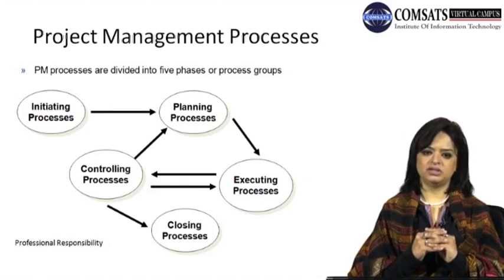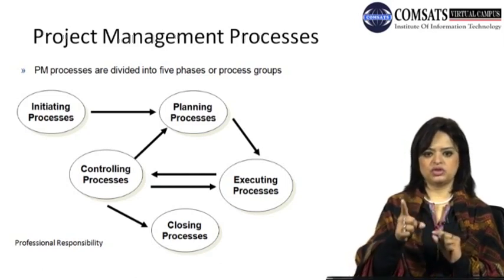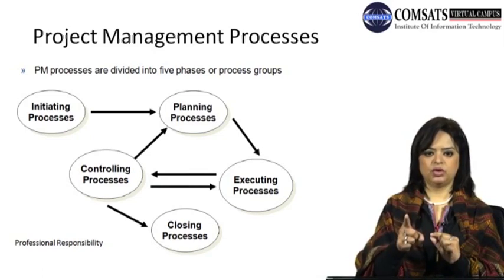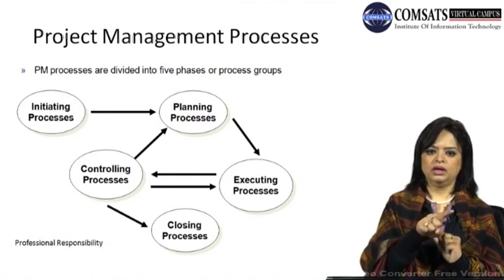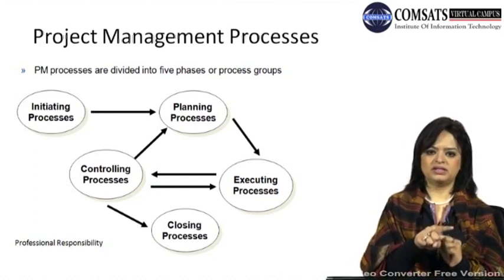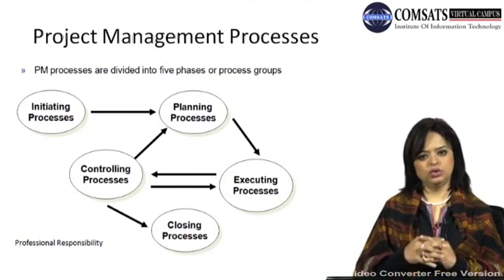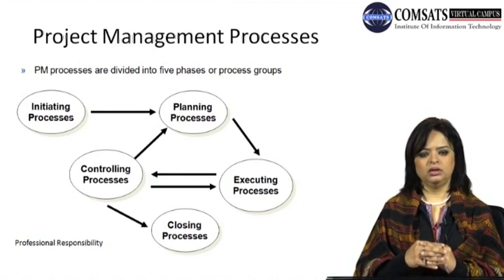If there are any variances or changes, the controlling process goes back to the planning board or the drawing board. The cycle continues. Once there's a successful implementation of those tasks, we do the closure of the task and hence a successful completion of the project.